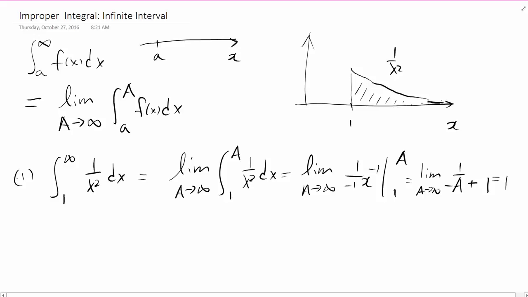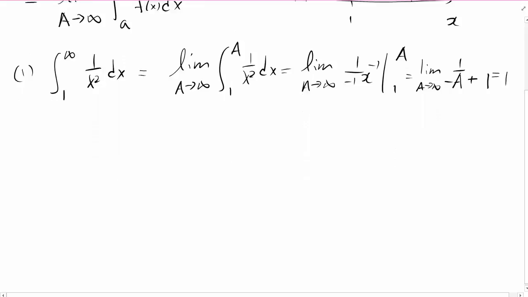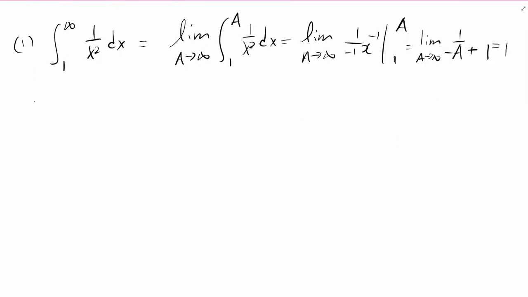Now we can combine the integration skills we just learned with this type of problem, so let's try another example. You can also have an improper integral from negative infinity to somewhere, something like this, from negative infinity to 0.